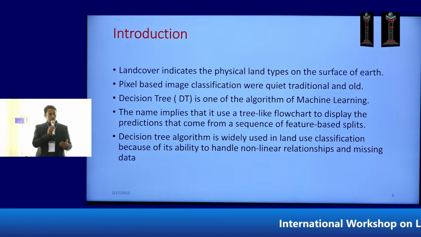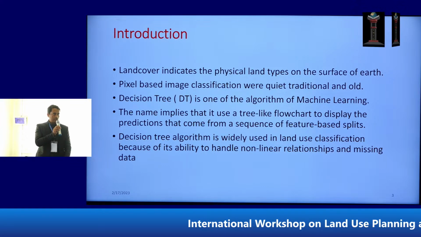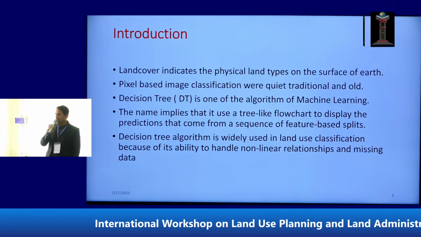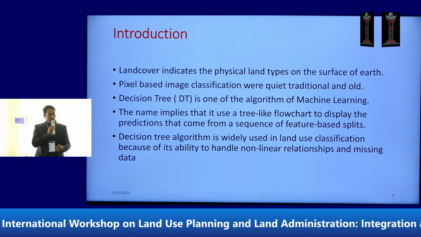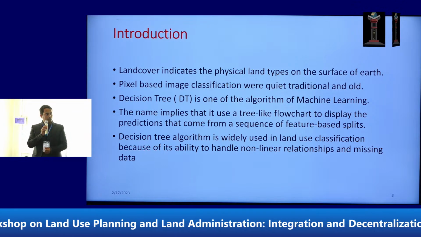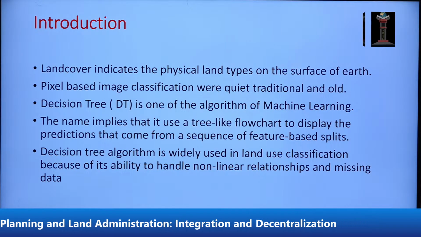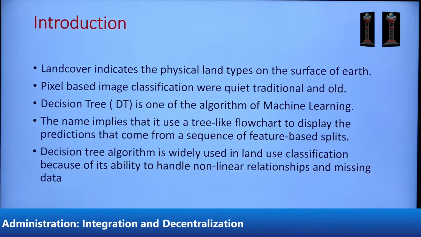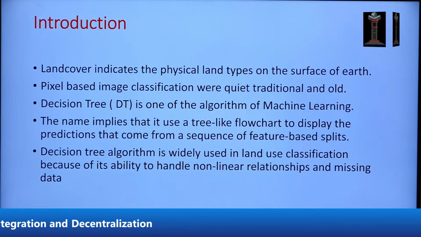In that case, we have to research a new methodology for image classification. That's why I have applied a decision tree method for image classification, which is one part of supervised machine learning.